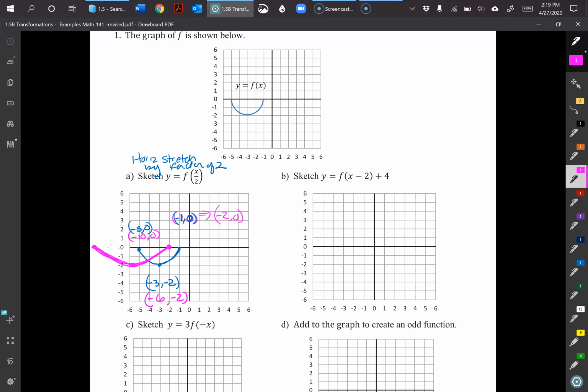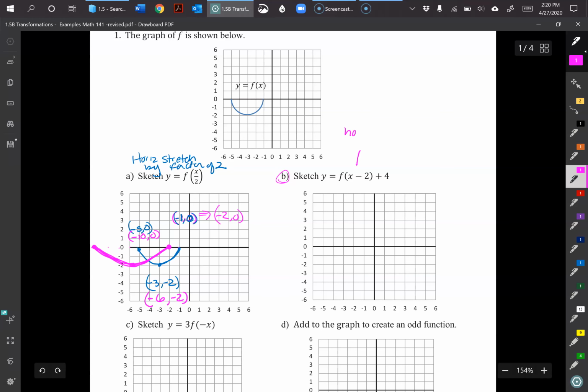Now this one on the right, part B, is a little bit easier. We just have some shifting happening. So let's take a look at that. So with shifts, you can either do your y or x first, but remember stretches and compressions as well as reflecting have to come before shifts. But this one's fine. So let's look at what we have happening with the x's.